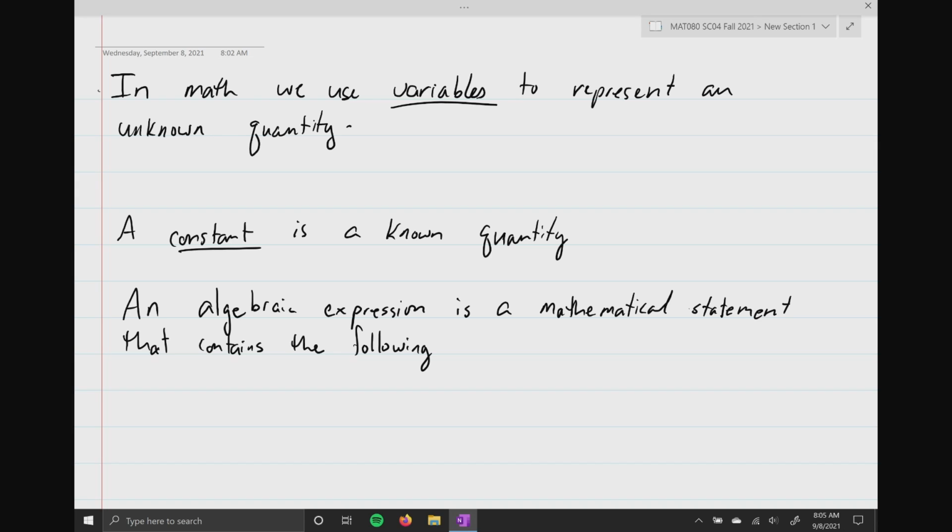Okay? The first one is a constant term. The second is going to be what we call a variable term.